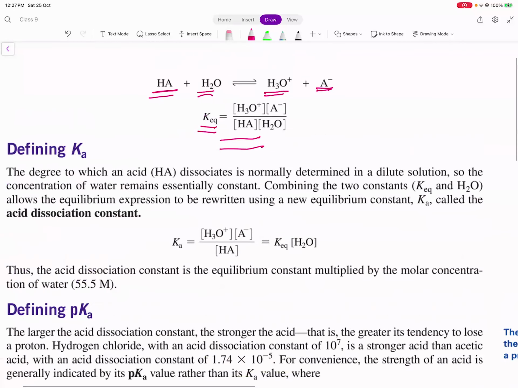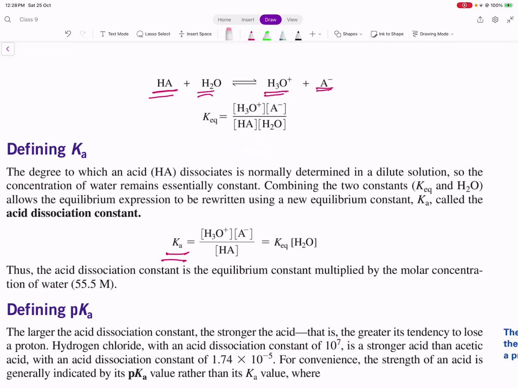Now defining Ka. The concentration of water is a pure liquid, it is constant, okay? So we define a new equilibrium constant Ka, which is nothing but K equilibrium multiplied by H2O. When we multiply K equilibrium by H2O, we get a new equilibrium constant.